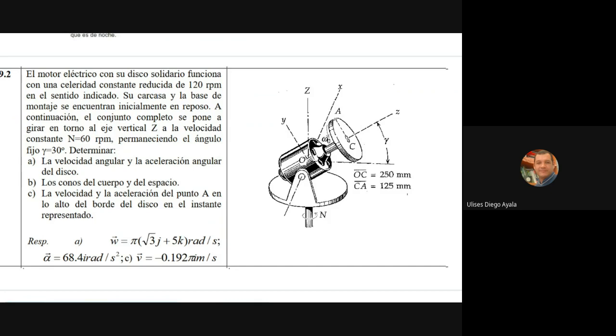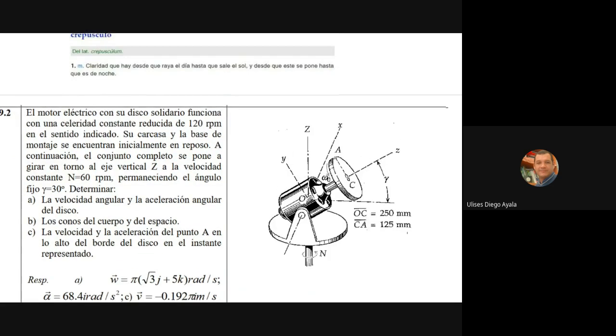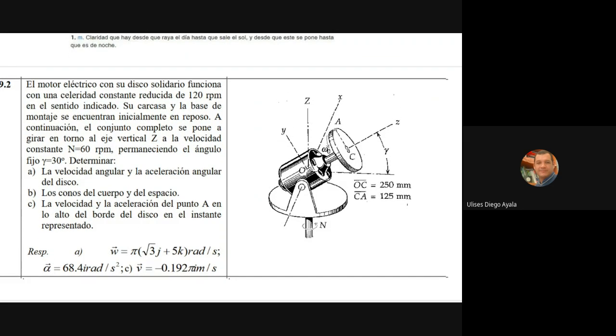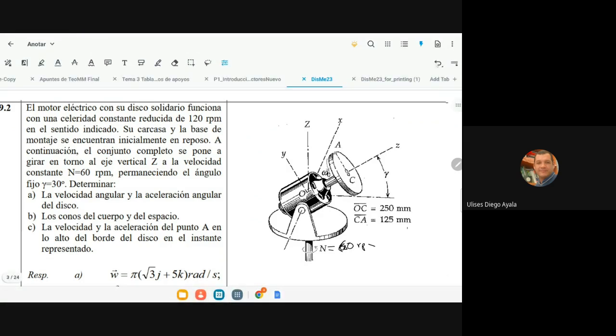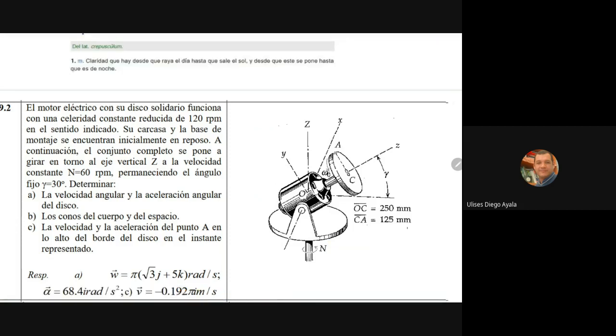Okay, let's refresh what we have here. Here we have this electric motor, and it had two rotations. One, in this case, is 60 RPM.